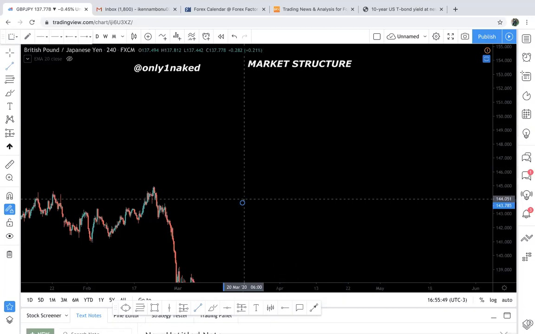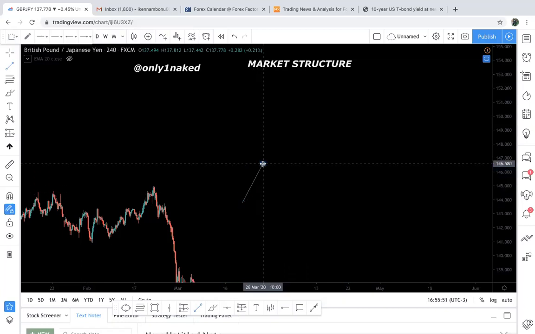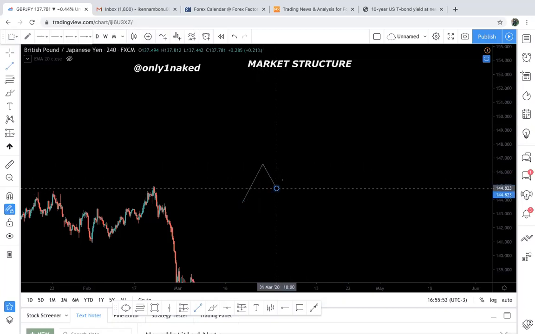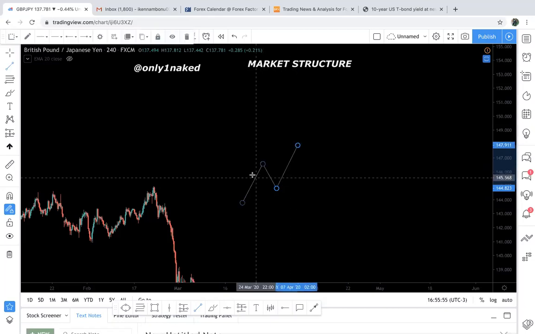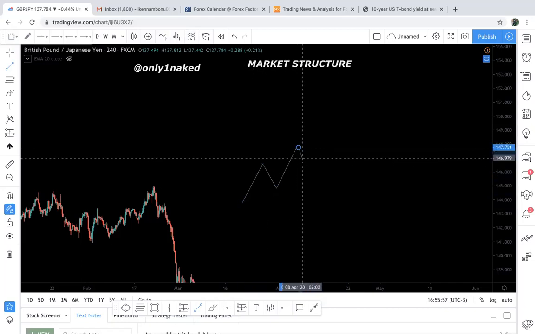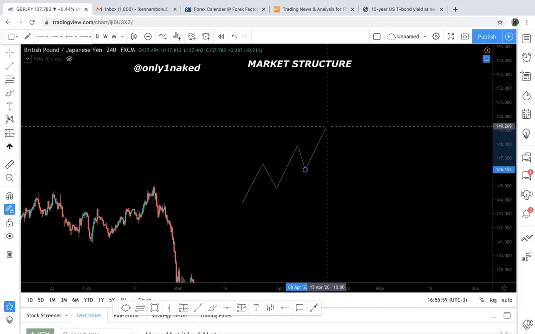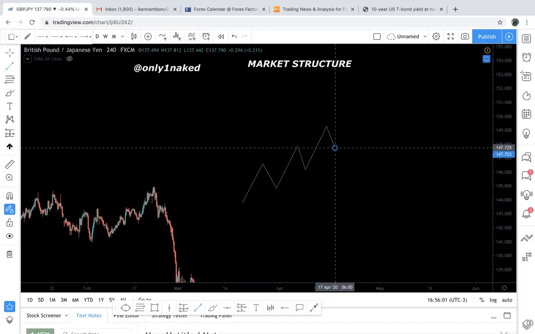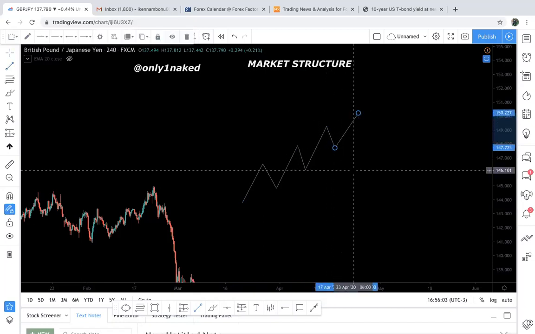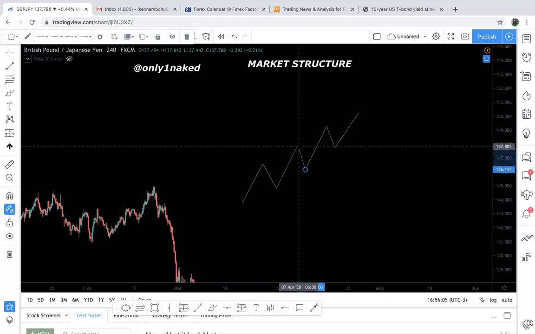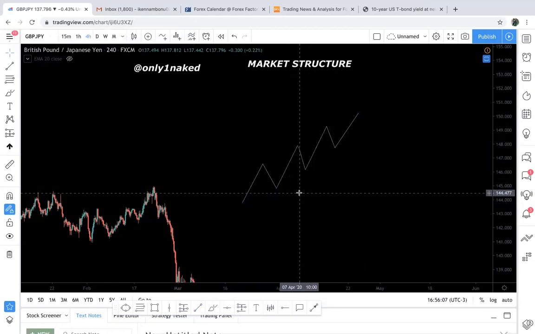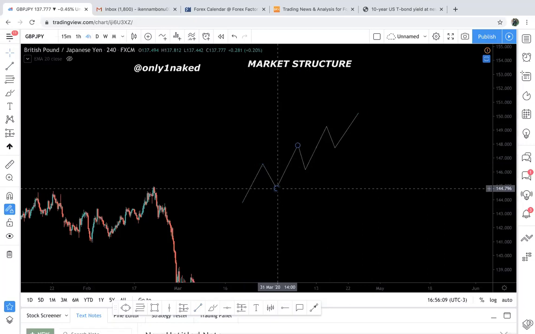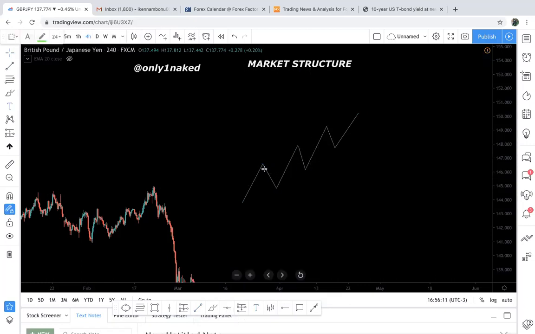So we have an uptrend. It's usually like this: higher high, and then we have a higher low. Then we have a higher high, we break this side, and then we have a higher low, and then a higher high, and then a higher low. When we see the market moving like this, that is a healthy uptrend. You can see the market moving in a series of higher highs and higher lows, so that shows we are in an uptrend market.